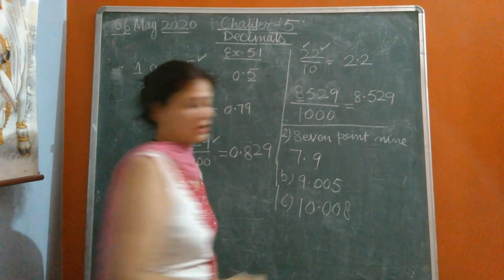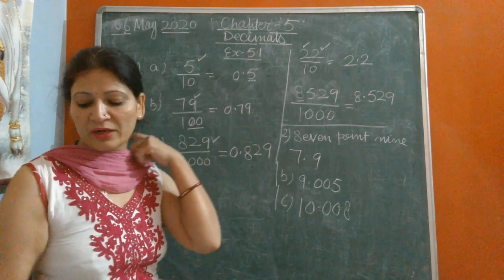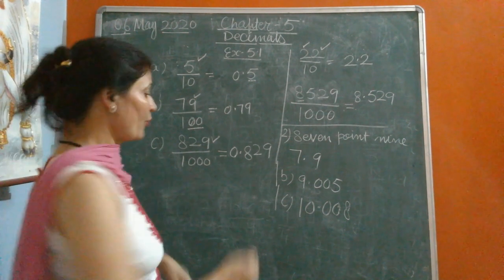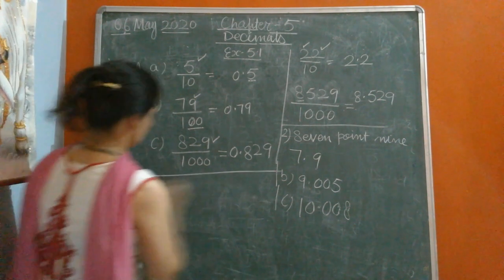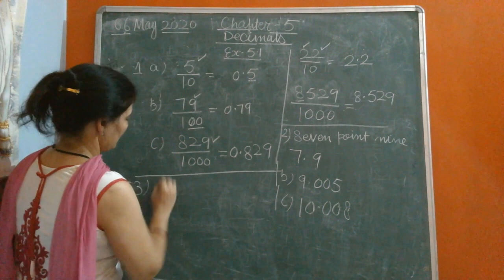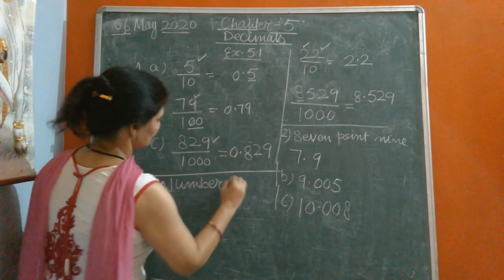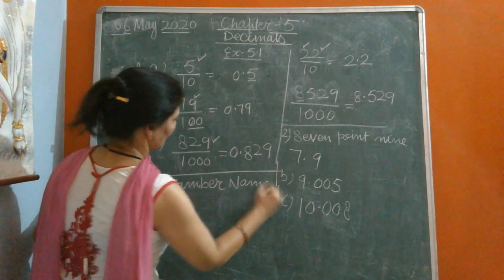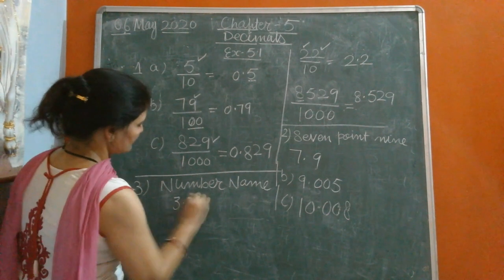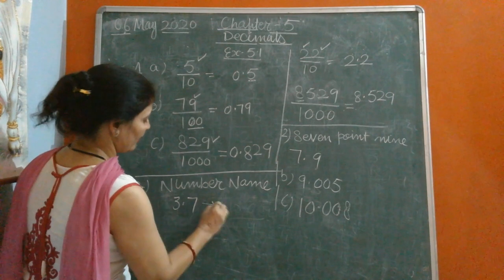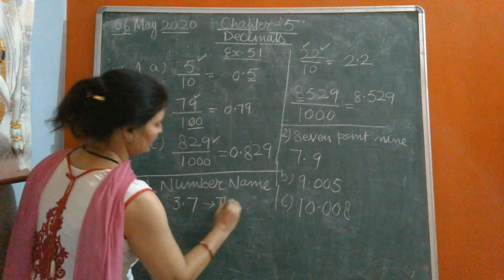Now question 3 is to write the number name. How to write the number name? Question 3 is 3.7. How to read it? 3.7. So we will write as it is.